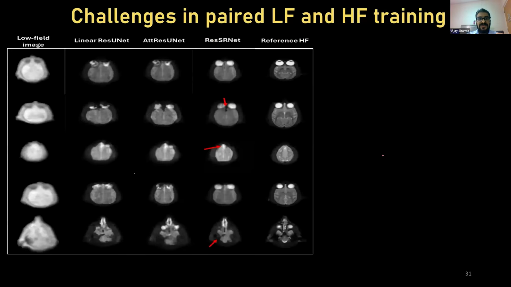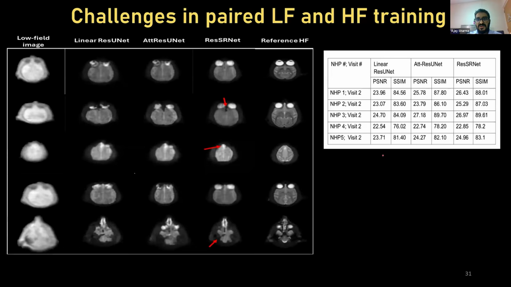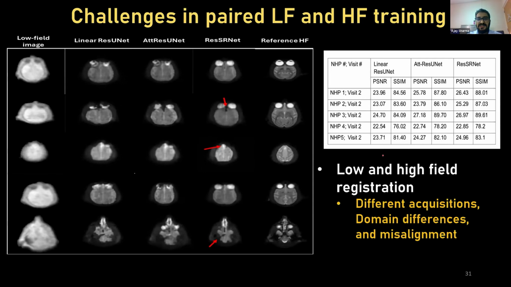So what we identified during the paired training, even after registration, however much we try to register, is that some slices are not able to register in a volume. So we are getting some kind of artifacts with this approach. However, the SNR, PSNR, SSIM numbers are like 85 or 90, but the challenge is that hallucinations happen in these images. So if we see low and high field, registration challenges were clearly observed during the studies.